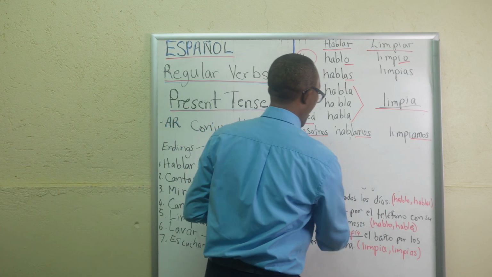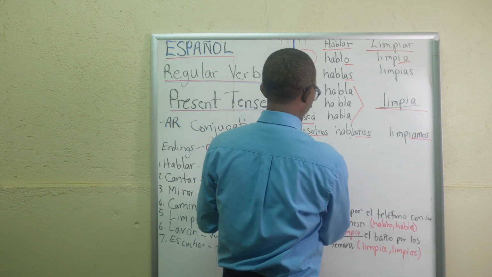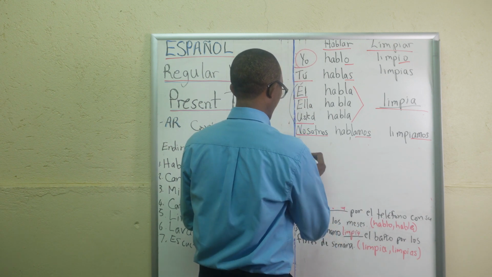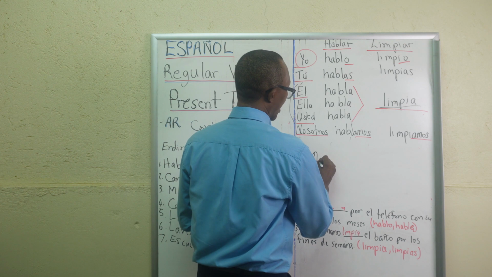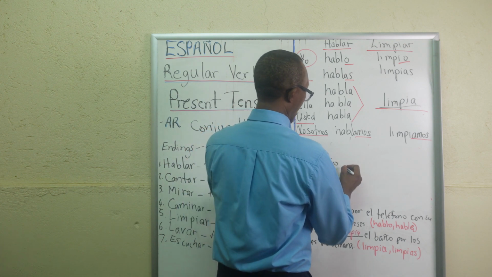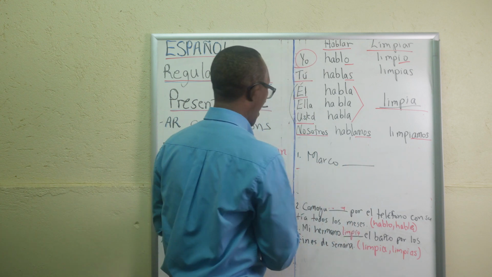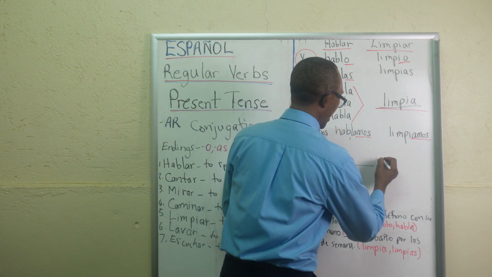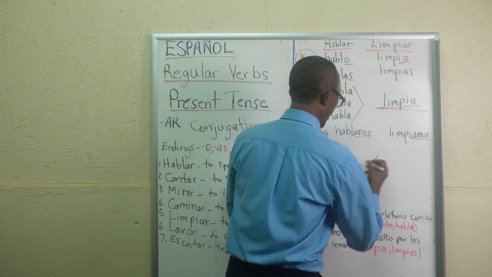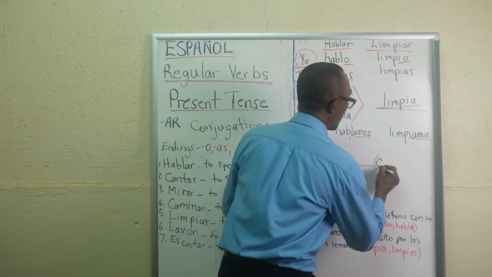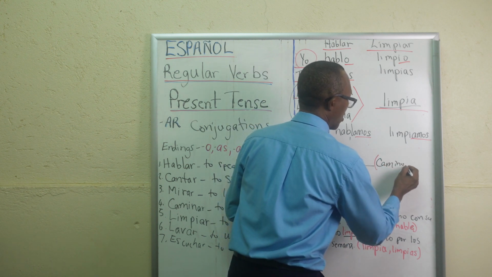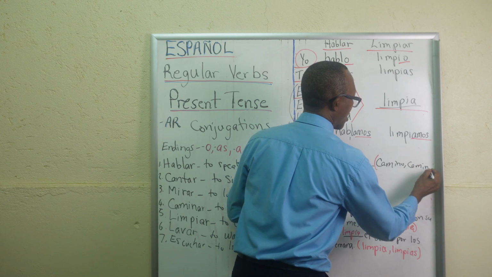All right, so I'm going to give you 2 to do for homework. So these are yours to practice, right? Let me put Marco, and I'm going to use some other verbs that were here. We had caminar, to walk. So you're going to tell me, I'm going to put in bracket, is it going to be camino or camina?